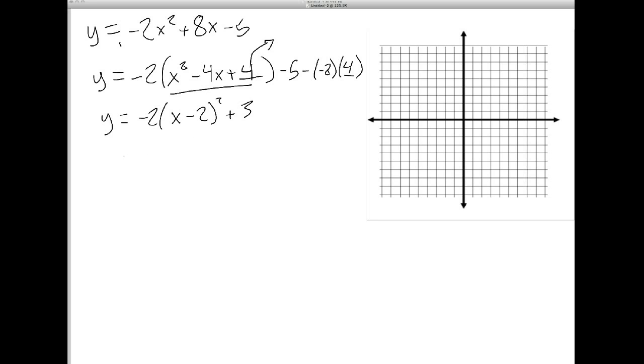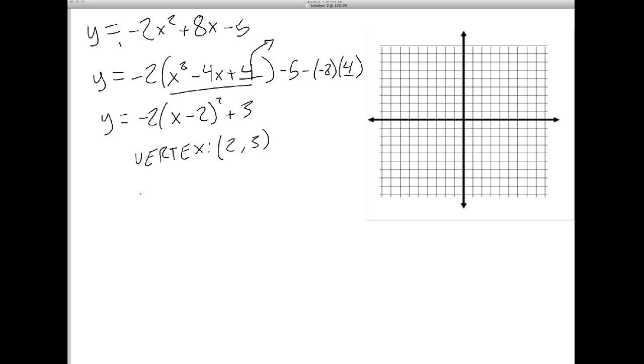From here we can get our vertex, and we all know that our vertex is h and k. So our h is actually going to be positive 2. So our vertex is going to be 2 and 3.